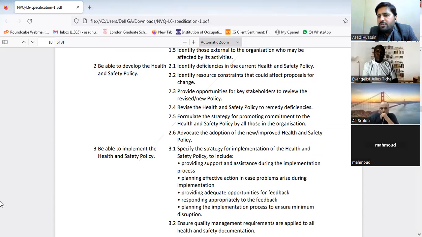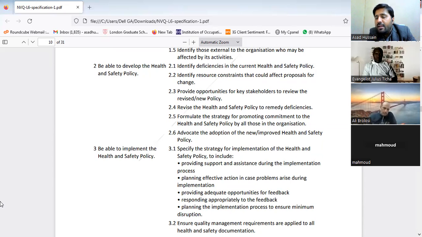When it comes to the health and safety policy, teacher, you just have to map all the assessment criteria of this unit. You only have to map each and everything with respect to your health and safety policy.